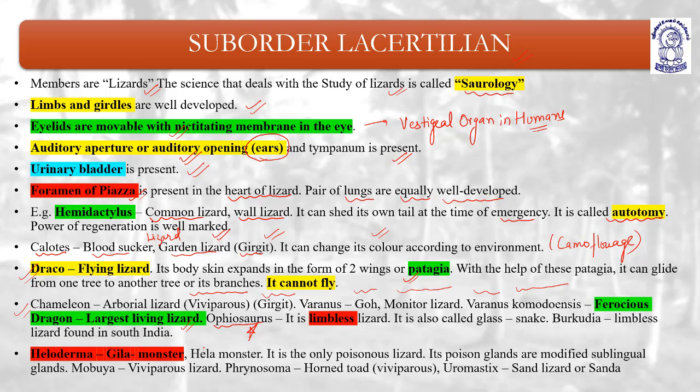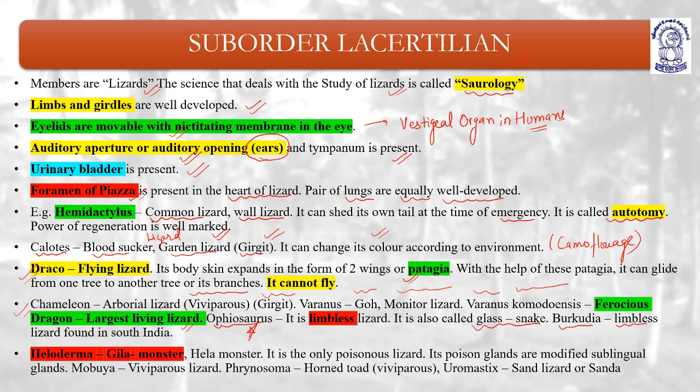Then the Draco, flying lizard, and Hemidactylus, common lizard or wall lizard. This limbless lizard, Ophiosaurus, is also known as glass snake. Barkudia is also a limbless lizard found in South India. So Barkudia and Ophiosaurus don't have limbs.